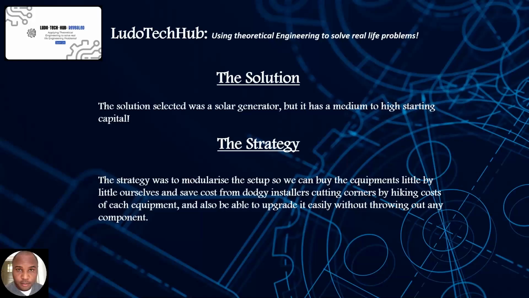So modularizing, in the sense that if, say for example, the total load in my house is 10 kilowatt, to be able to power everything for 12 hours from 6 in the evening to 6 in the morning, and I cannot afford a 10 kilowatt system, what I'll do is go for maybe a 5 kilowatt system or even a 3 kilowatt system.